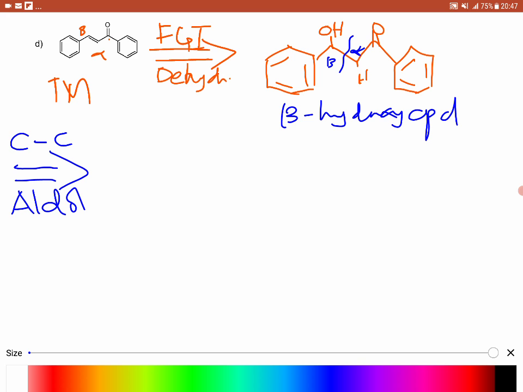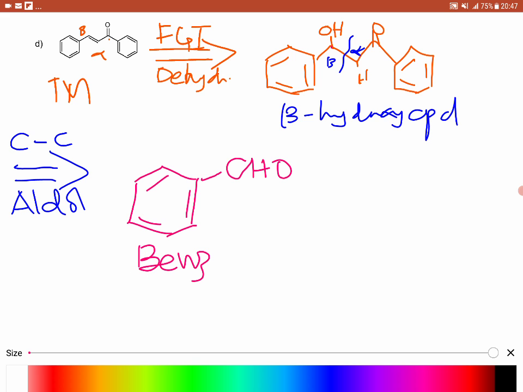So when we do that, that reveals the compounds required in this synthesis: the molecule with the benzene ring, and when we disconnect at that point, that reveals an aldehyde functional group. So this is again a benzaldehyde.